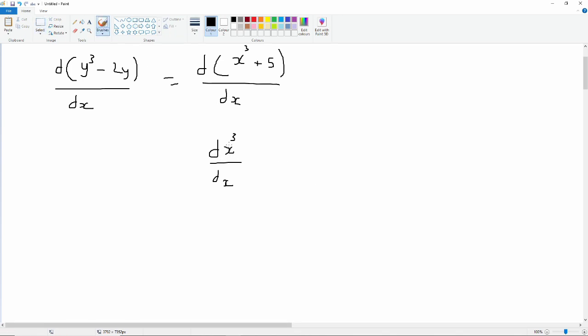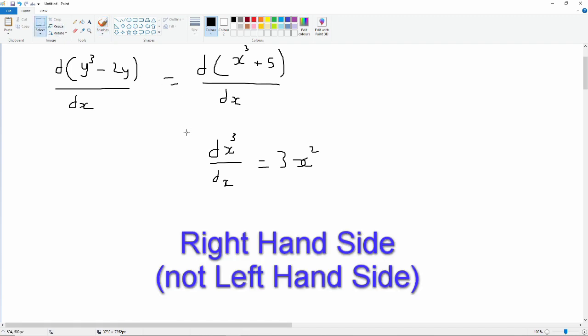So this is just d of x cubed by dx, which is just going to be 3x to the power 2. So that's our right hand side.